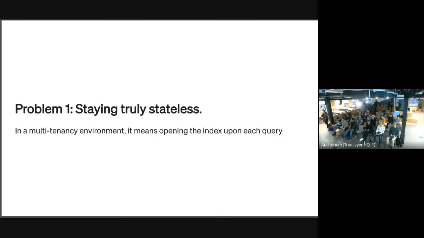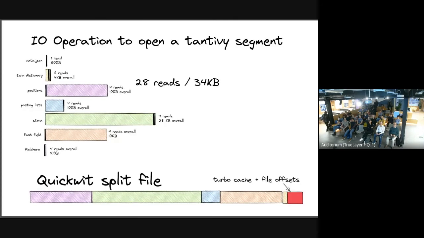So let's start by solving the first problem. To stay truly stateless, we need to solve this problem of opening an index. When you open an index on Tantivy, it means reading a bunch of headers and footers of each file that makes up your index.